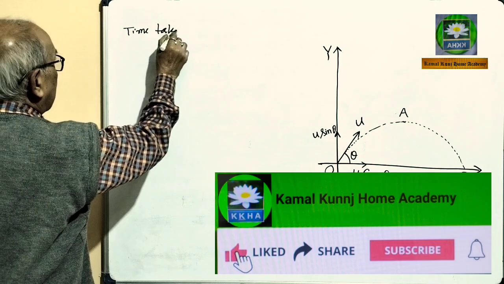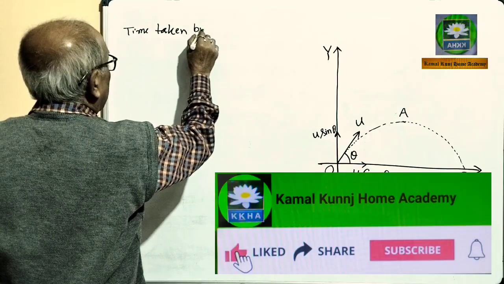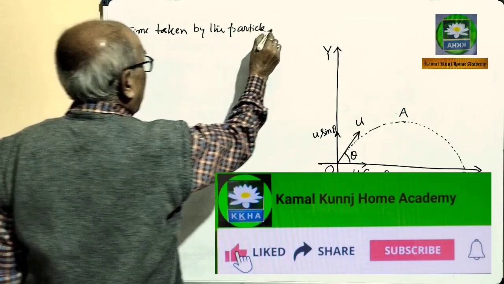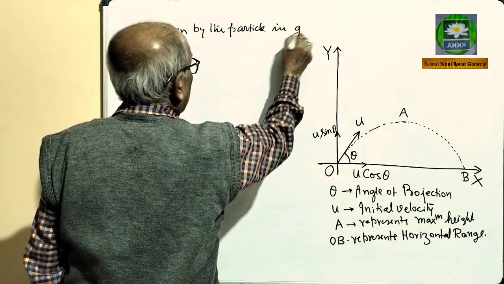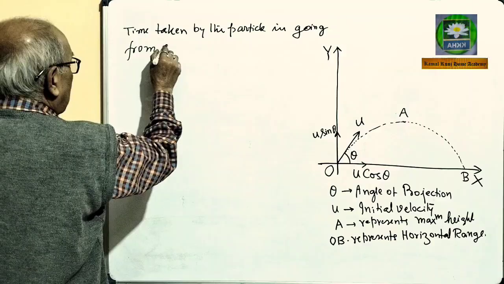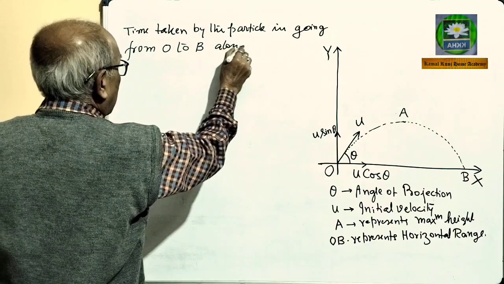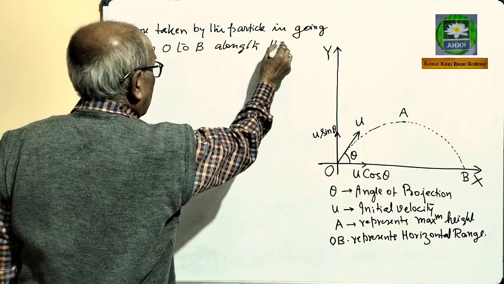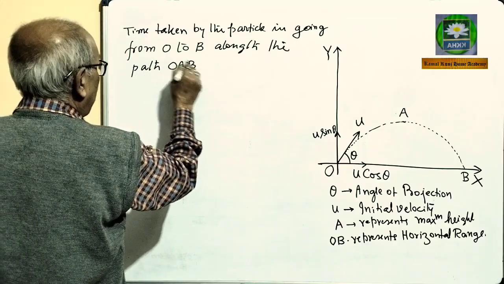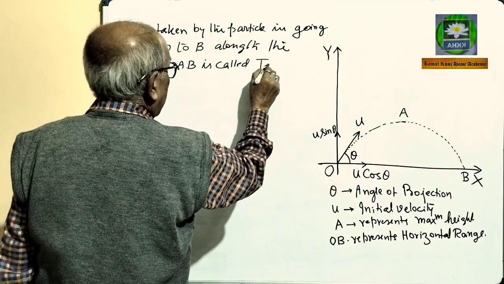Time taken by the particle going from O to B along the path OAB is called time of flight.